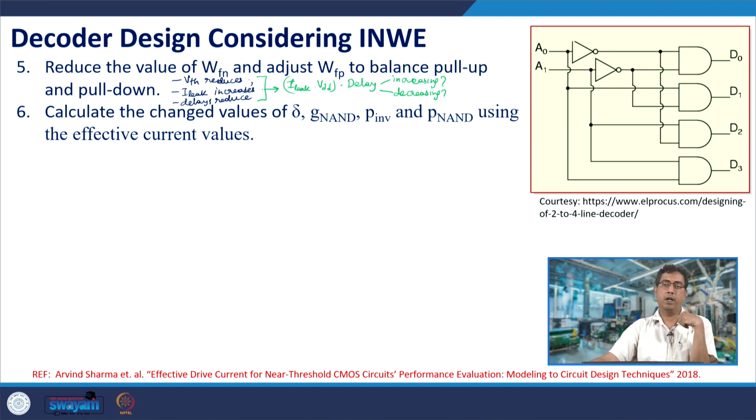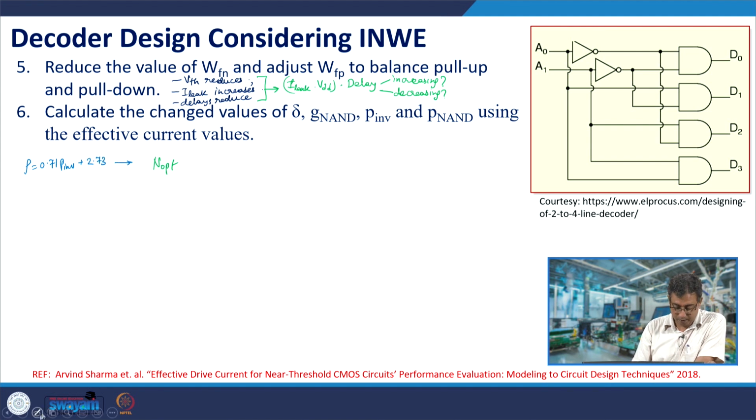And then, as we have discussed just now, we will estimate the values of delta, G NAND, P inverter and P NAND. Once we have done that, for the changed values of these, we will again estimate the value of N optimum and rho, which is 0.71 P inverter plus 2.73.